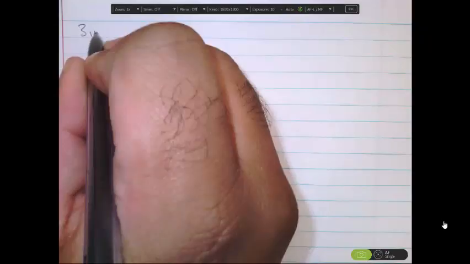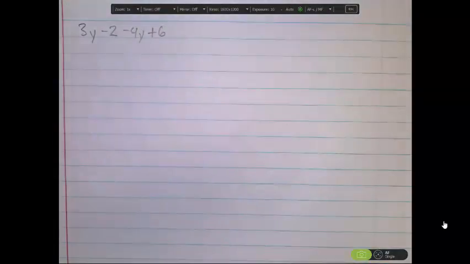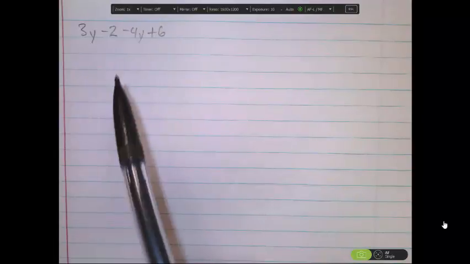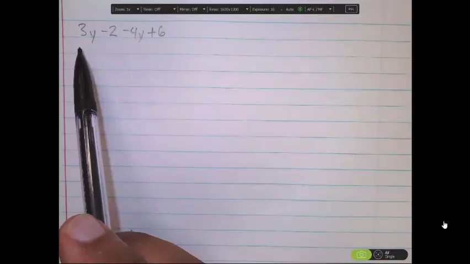Let's say 3y minus 2 minus 4y plus 6. All right. And we established earlier that each part of this expression is what we call a term. So the first thing we're going to look for is like terms.